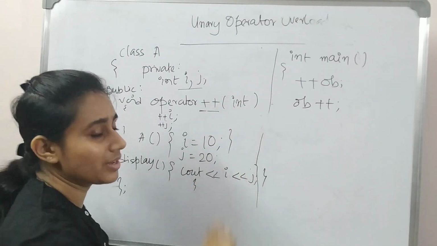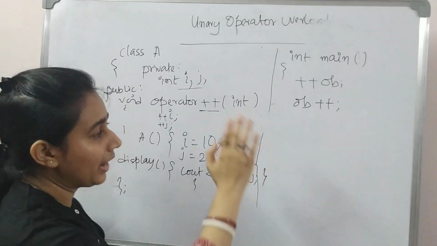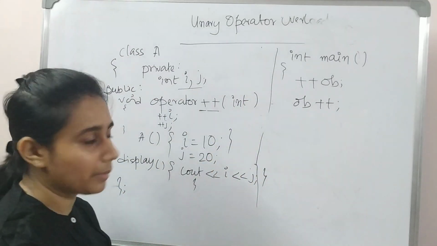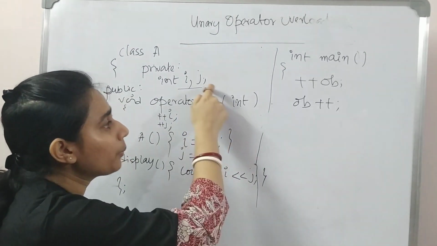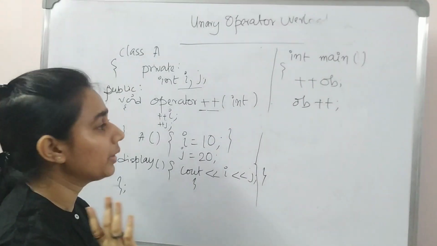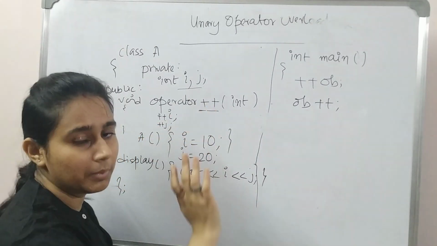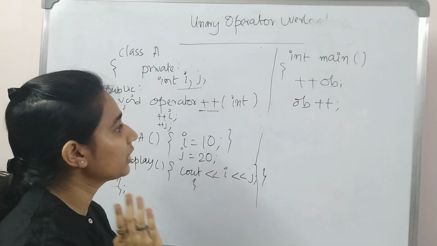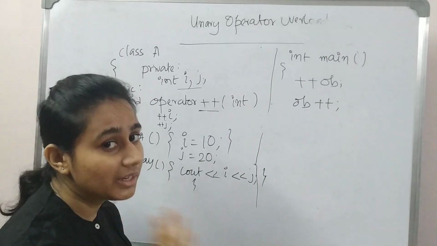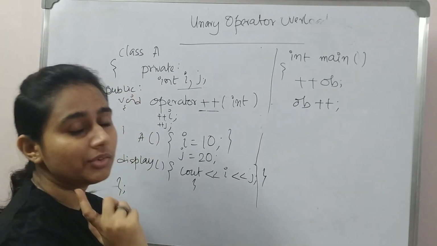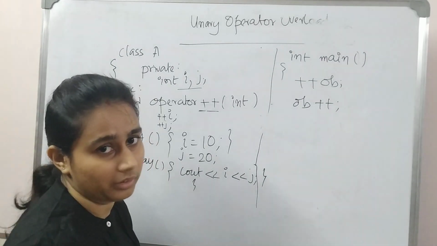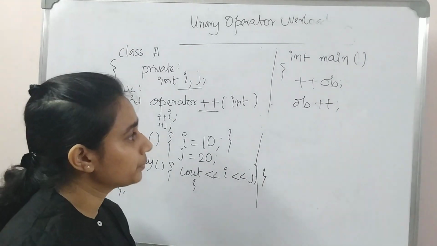This one is known as a dummy argument, and by writing this dummy argument, that increment operator function is no longer a pre-increment operator; it will be treated as the post-increment operator.